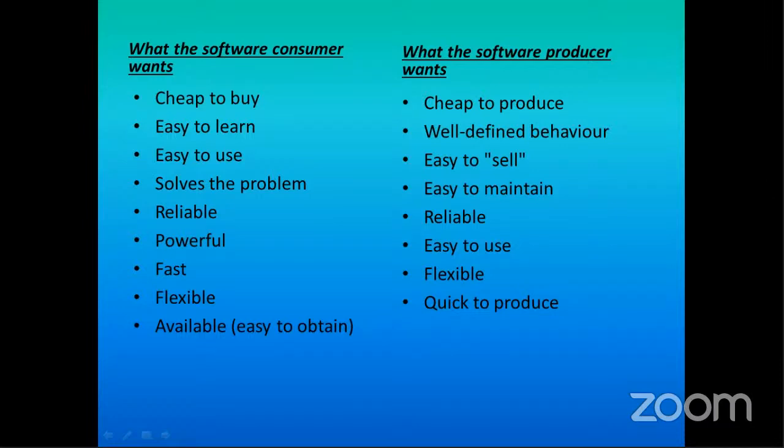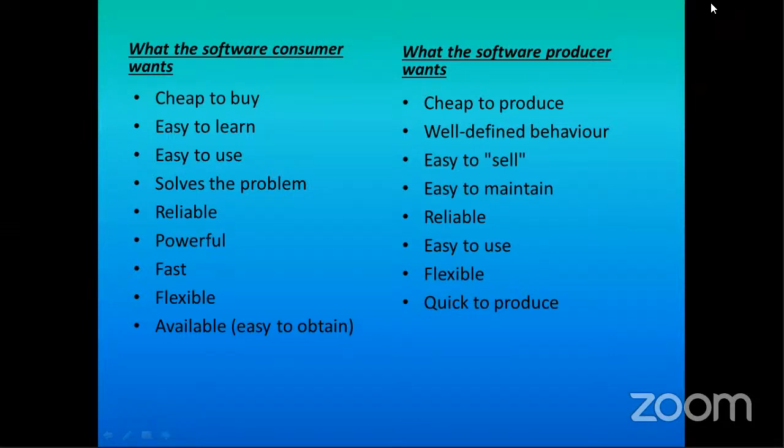Easy to sell. Consumer, what else do you want? Solves the problem. And then the producer: easy to maintain. Consumer: reliable. Producer: reliable. You see those common features.